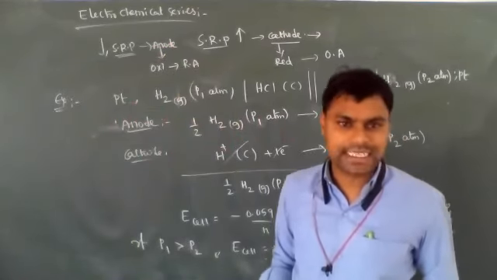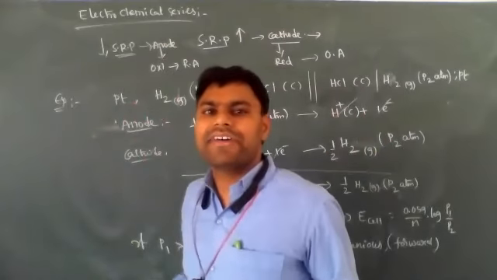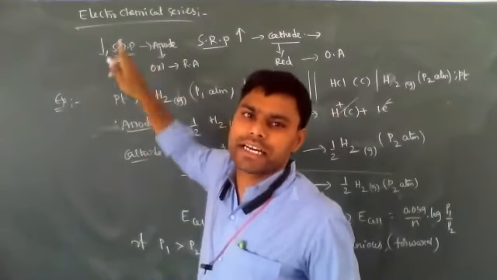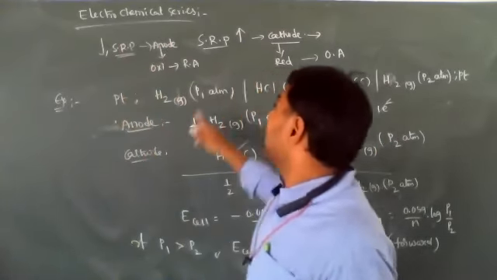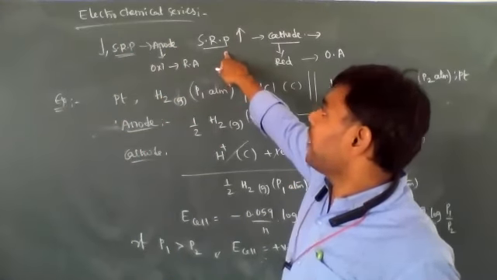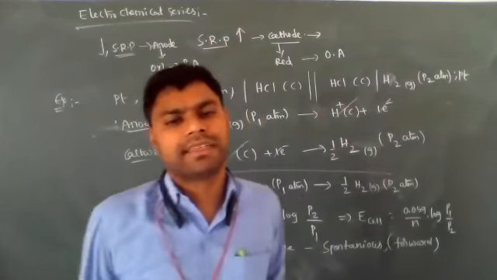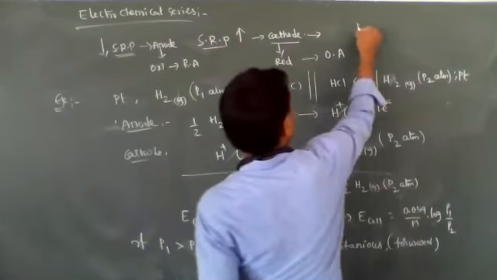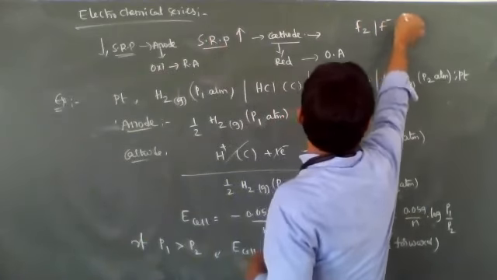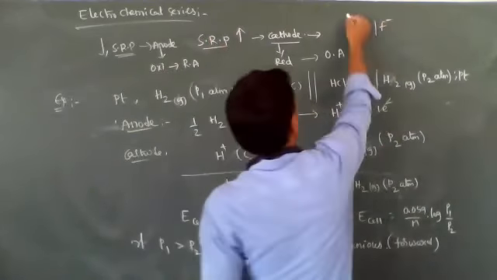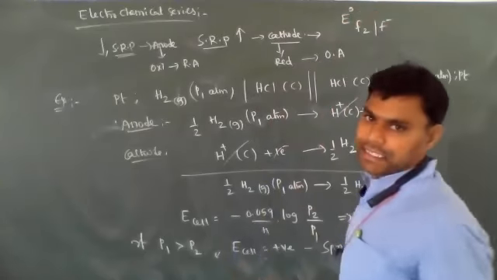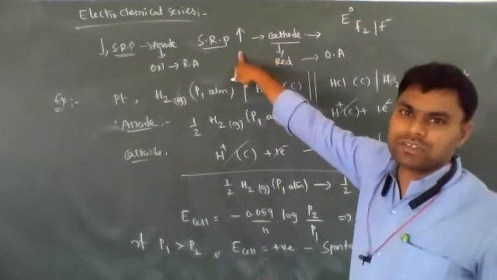The strong reducing agent is lithium, which has a very low, more negative reduction potential value. The one with the higher reduction potential value is fluorine, F2 by F minus. The E0 of F2 by F minus is a higher standard reduction potential value.